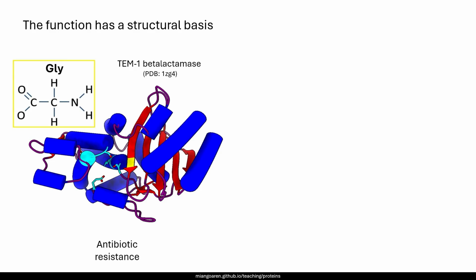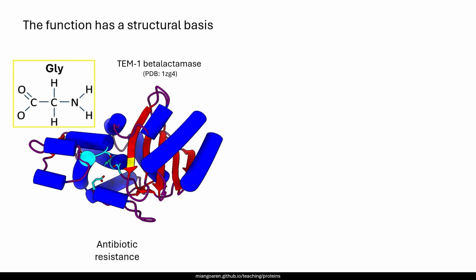In this particular case, the site where the destruction of the antibiotic occurs is the catalytic site of the enzyme. There are multiple residues that perform a task and can attack using their electrons and destroy the antibiotic. But here in yellow I put a very peculiar amino acid, which is a glycine.